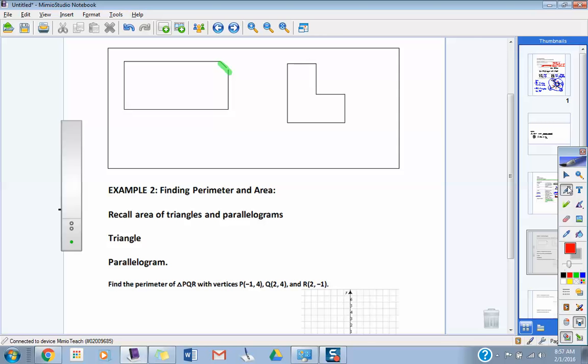Next question says identify it as concave or convex. Is it dented or not dented? If I pick points inside here, are they ever going to travel outside of that? No. So is it concave or convex? Convex. This would be a convex pentagon.